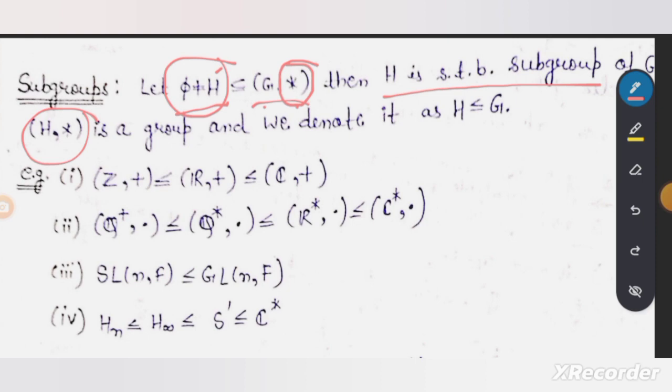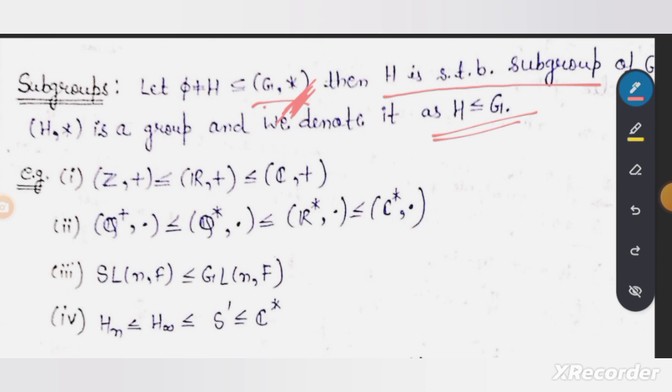Note that the binary operation with respect to which H is a subgroup should be the same as that of the group G itself. So we denote it as H subgroup of G.